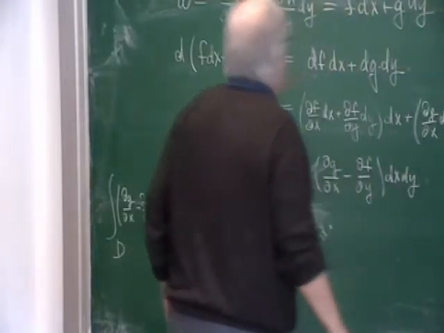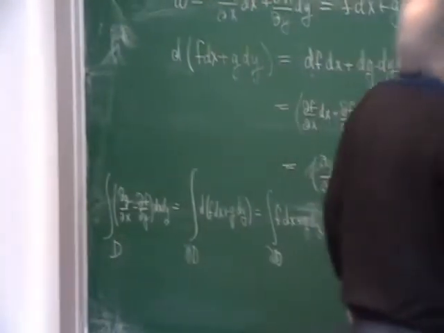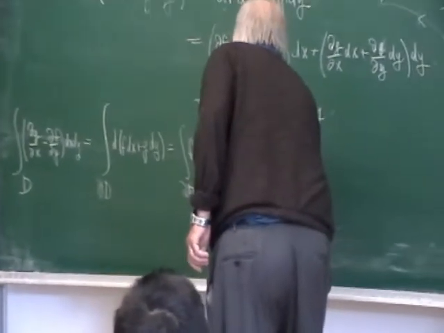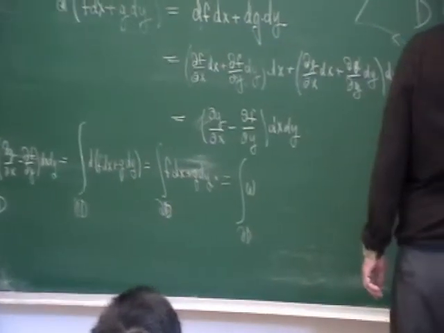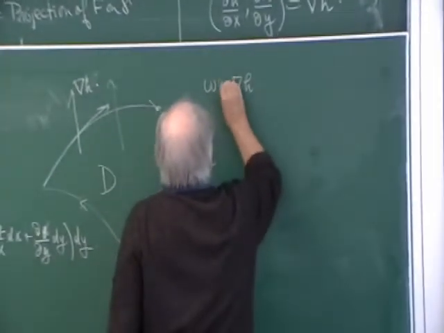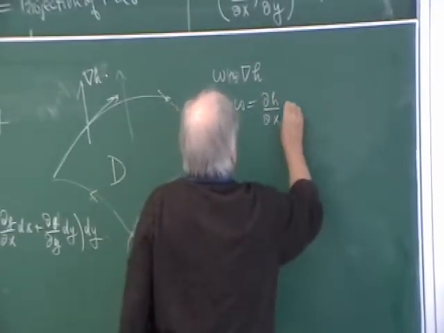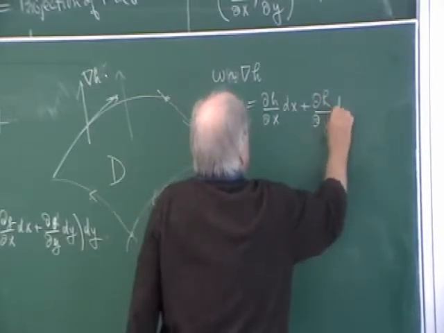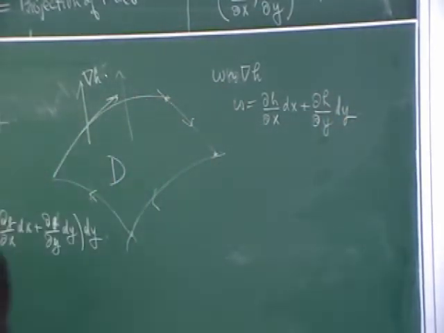And now let's look. Suppose, this is how Green understood this thing. Let's suppose that, let's call this thing omega. And suppose omega is equal to a gradient in the above sense. That means omega is equal to f dx plus g dy. And now, what is d of that thing?